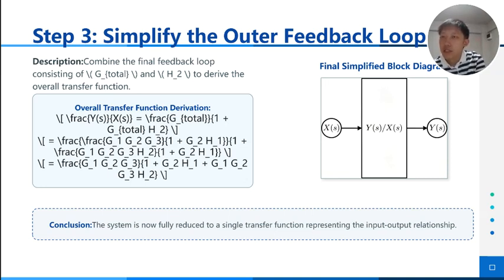is equal to G1 G2 G3 divided by (1 plus G2 H1), divided by 1 plus G1 G2 G3 H2 divided by (1 plus G2 H1), which becomes G1 G2 G3 divided by (1 plus G2 H1 plus G1 G2 G3 H2).